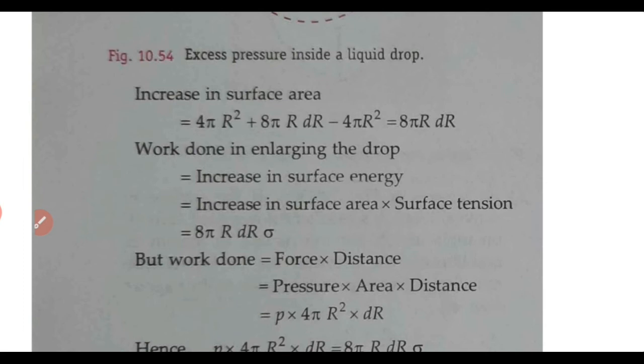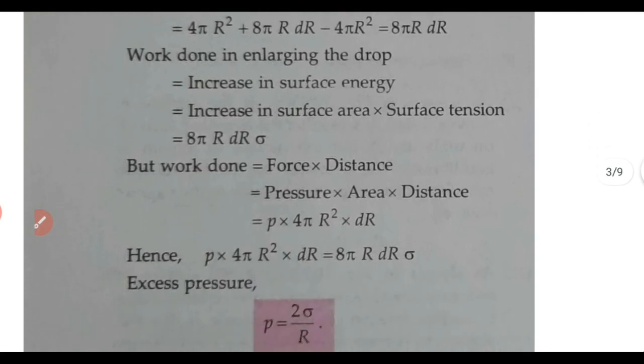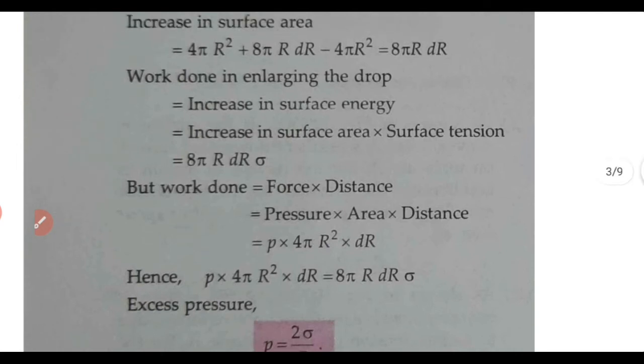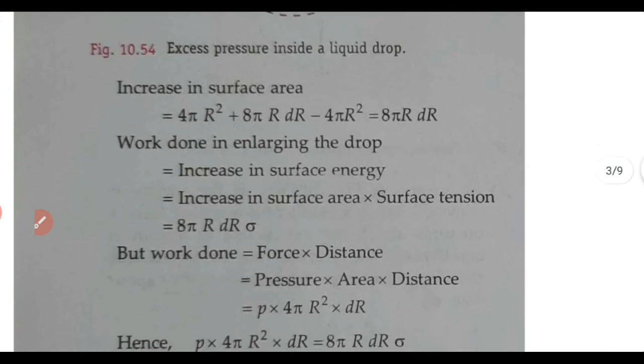The distance through which the radius has increased is dr. So P into 4 pi r square into dr is the work done, and this work done comes as the increase in surface energy. We already discussed, increase in surface energy is 8 pi r dr into S.